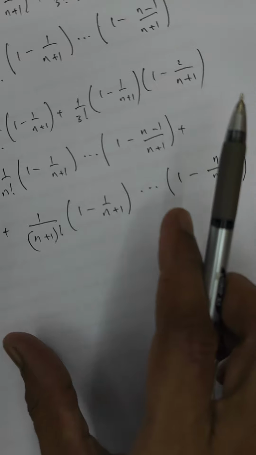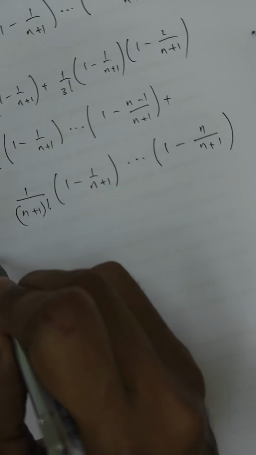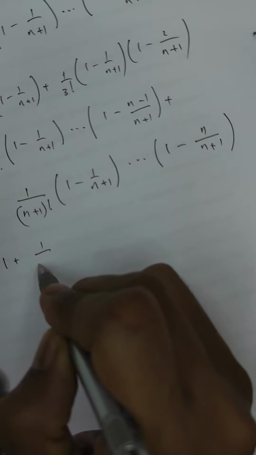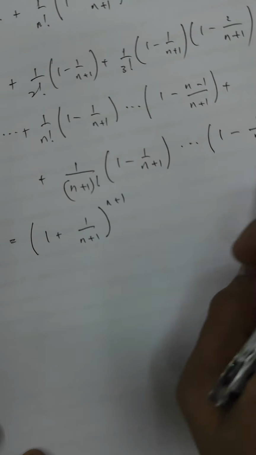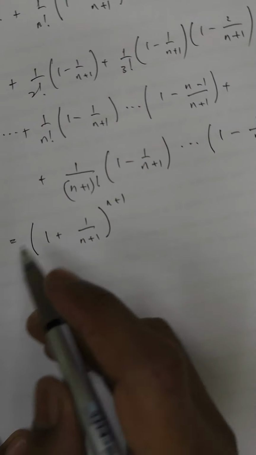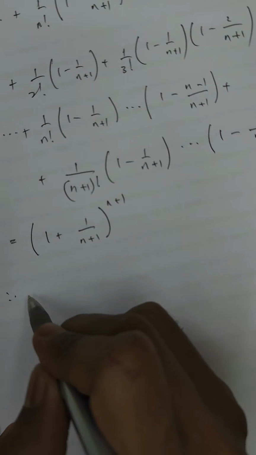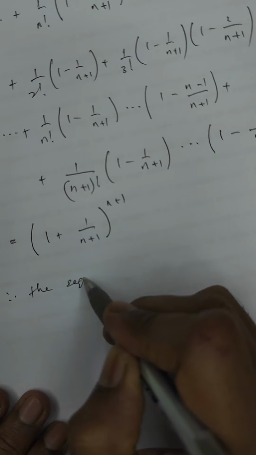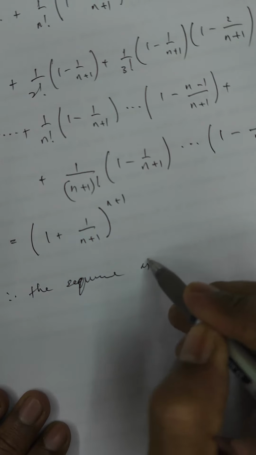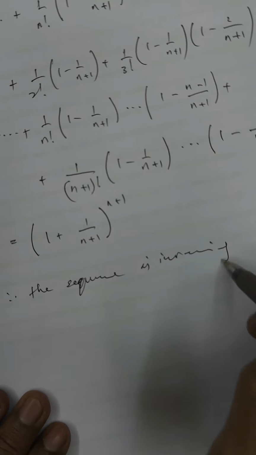So all these things are equal to 1 plus 1 over n plus 1 to the n plus 1. Obviously in this case we have 1 plus something, so our sequence is increasing. Therefore the sequence is increasing.